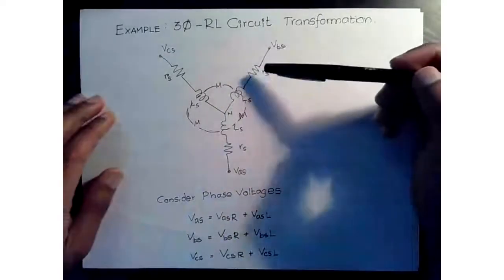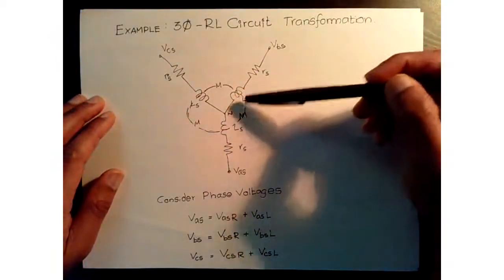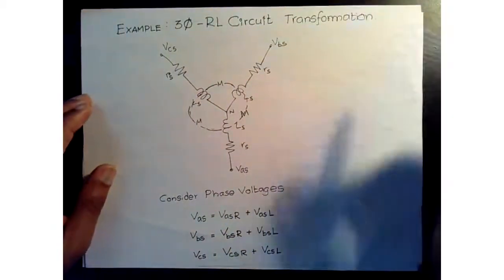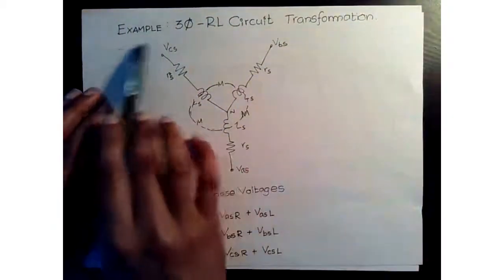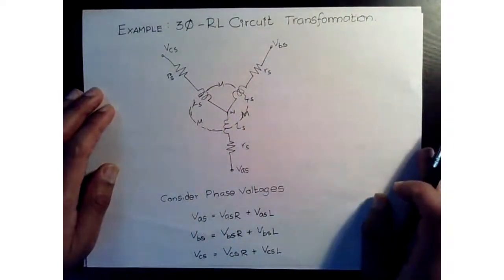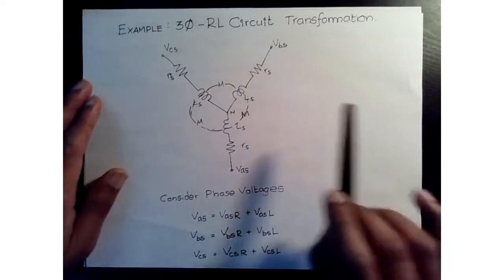We've been looking at the independent elements R and L, and what they become if we do a reference frame transformation. Today we are going to look at a very simple example, just a three-phase RL circuit.